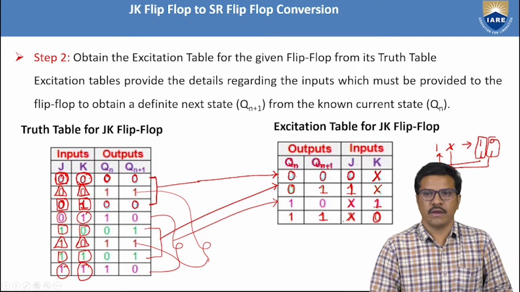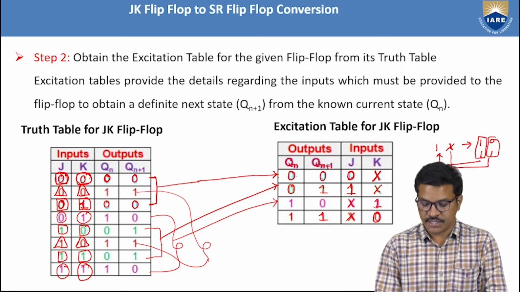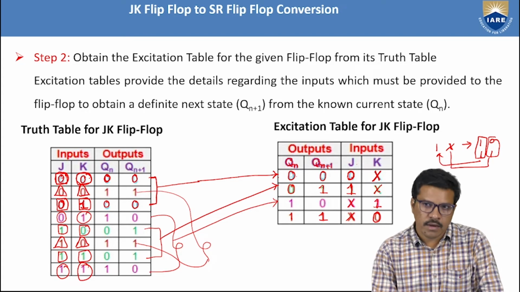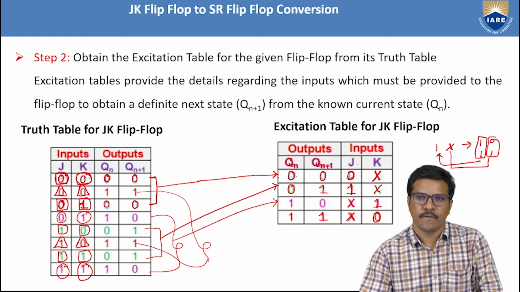So finally, if you see this excitation table, what would have been this J and K?